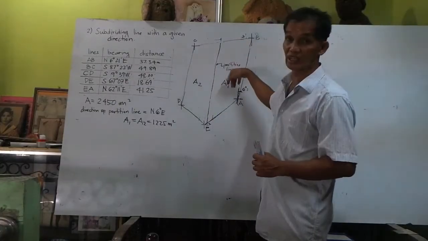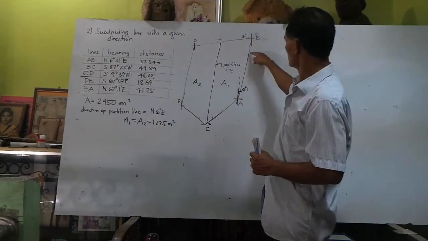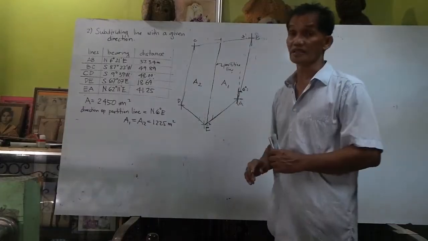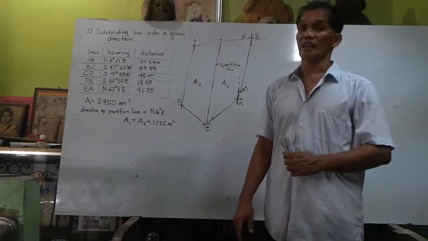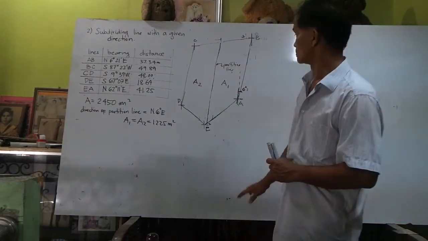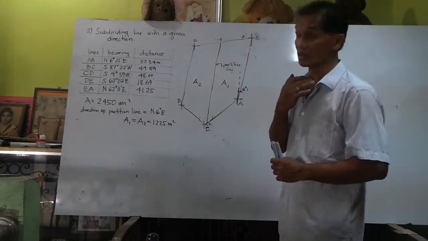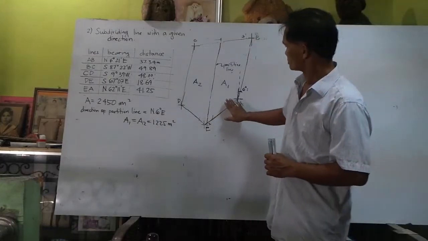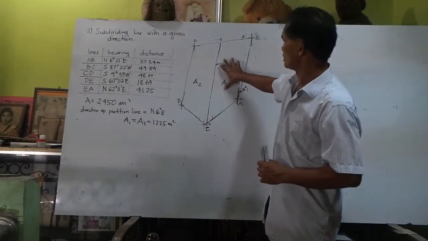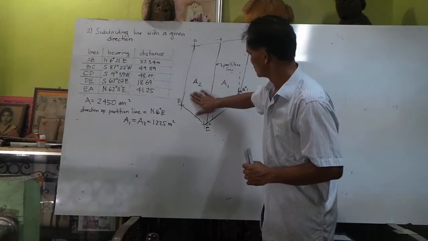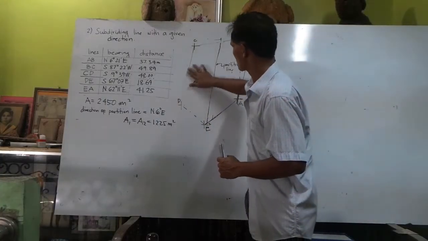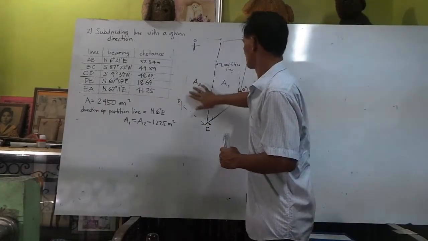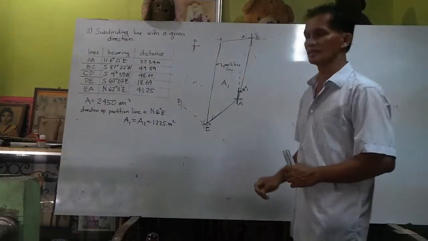While if we use area 1, we have to do 1, 2, 3, 4. So 4 lines only. So we will use area 1 for our solution. That's why I use area 1 in the solution that I give you in the module. So we will concentrate now on this area. So we leave area 2, and we use area 1.